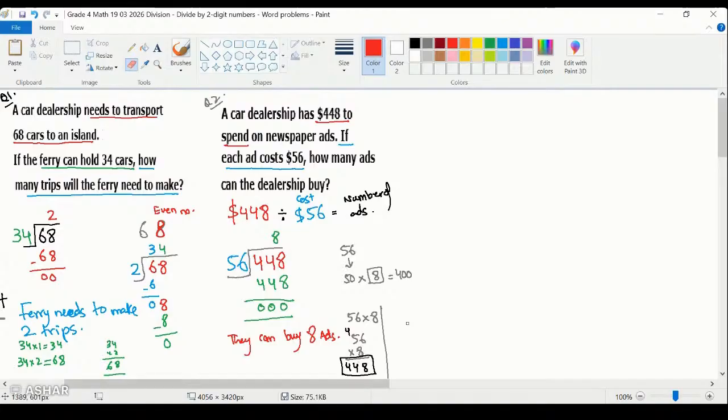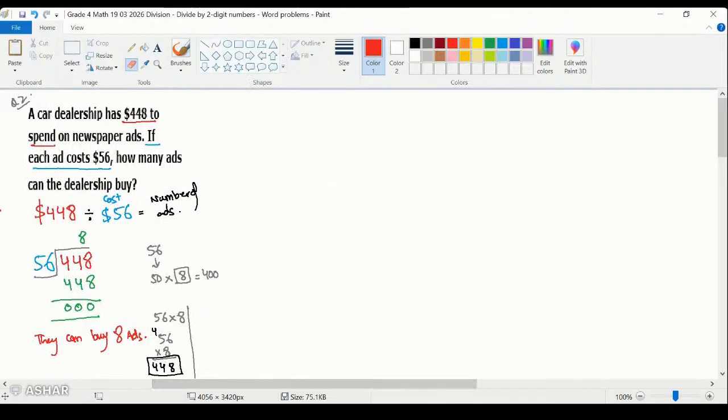For the next question, let's see. A group of 95 people is going on a boat tour.